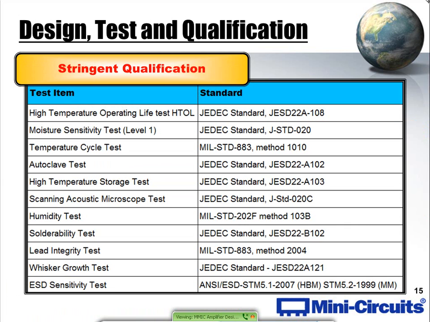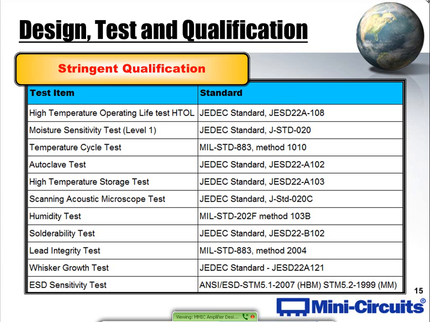We put every part through a battery of qualification. The JEDEC standard, JESD 47, does a fantastic job in outlining for everyone. It is the playbook by which you qualify your parts. And Mini Circuits and all other semiconductor manufacturers and designers are using it as the Bible.